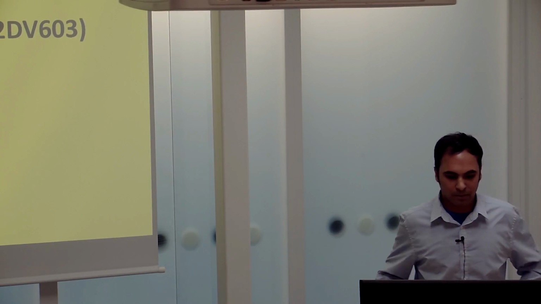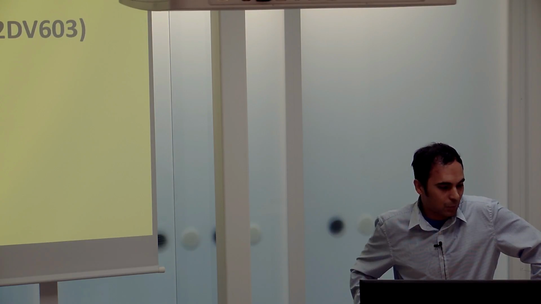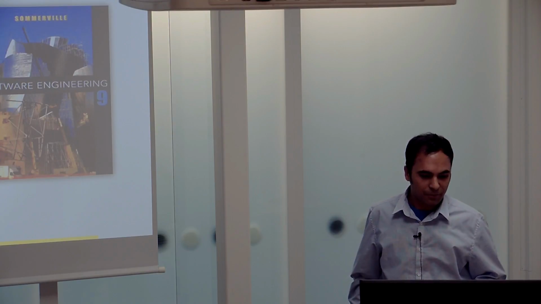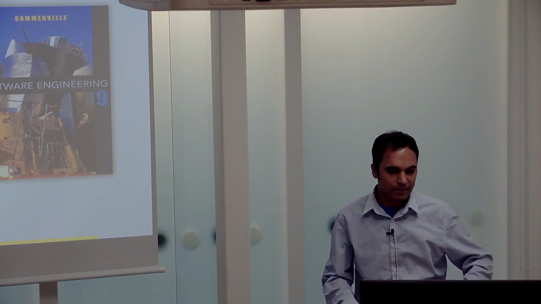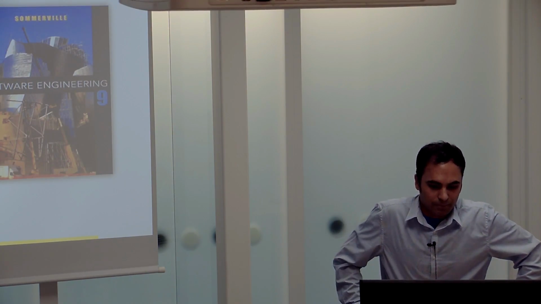So this lecture on requirements engineering will be in 4 sections or 4 segments. The first 2 will be more theoretical, and the second 2 will be a little bit about modeling and how we can use different tools for requirements engineering. As a reference, in this lecture I used 3 books, so you can choose any of them.